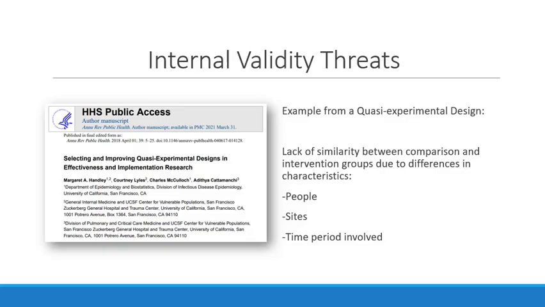It may be the starting point, something that shows the need for a randomized control trial, but there are limitations to it. There's a lack of similarity potentially between the comparison and intervention groups, and these can be due to the people, how they were put into each group, the sites that they were evaluated and treated at, and the time period involved. So without that randomization, you may have unequal groups at baseline.